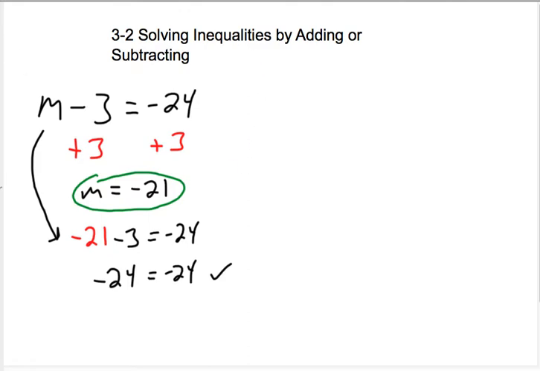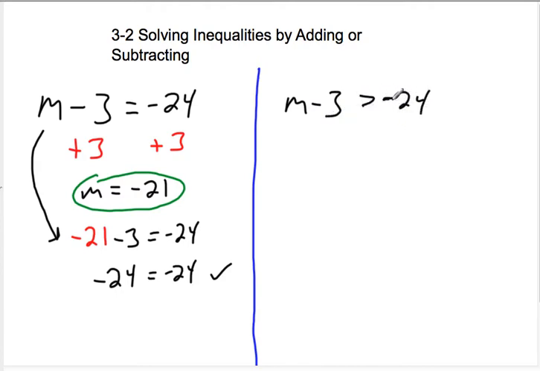Okay, so now I'm going to show you how that works for inequalities. I'm going to write the same exact problem, except this time it's going to be greater than negative 24. You'll notice I solve it the exact same way. Plus 3 on both sides, ending up with m is greater than negative 21.